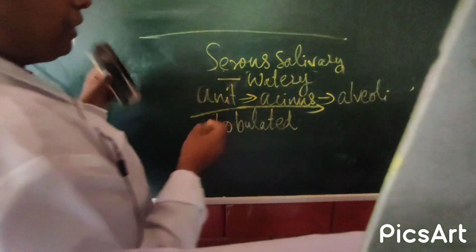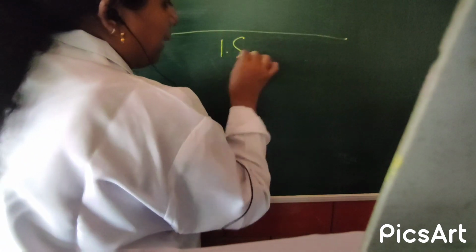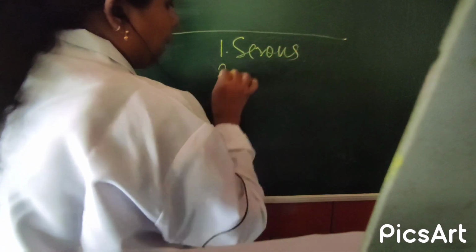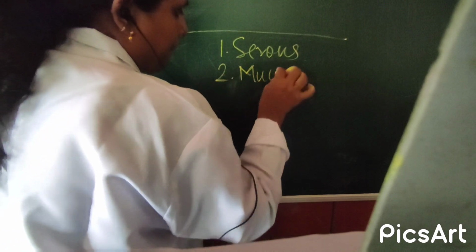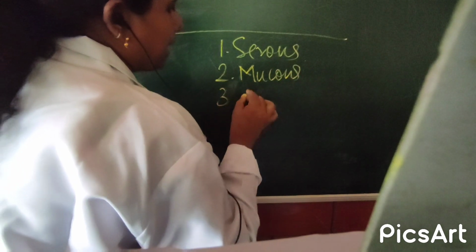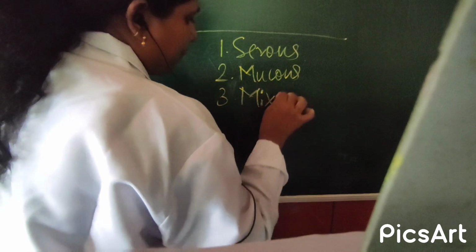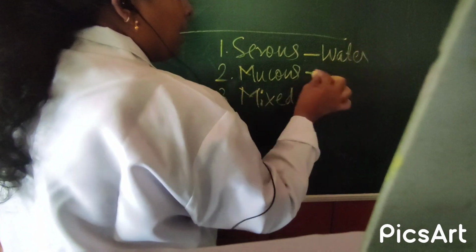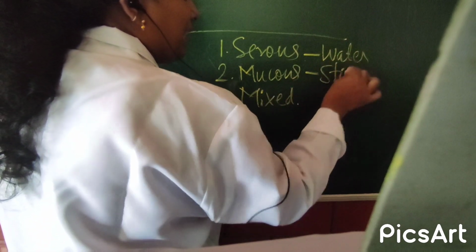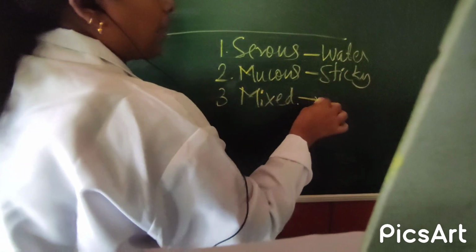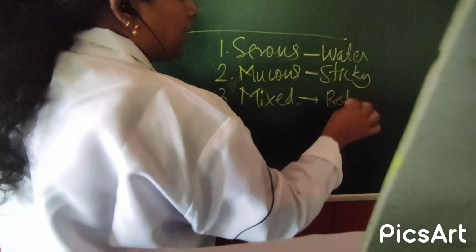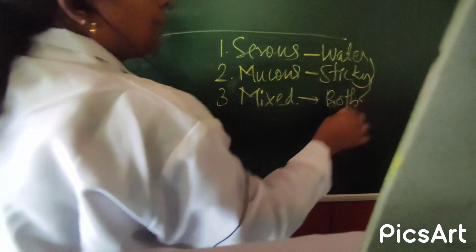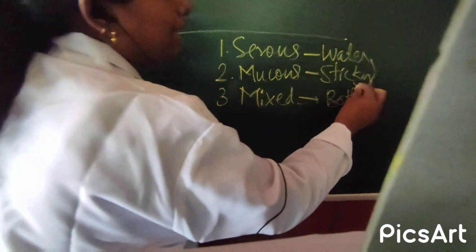There are three types of glands depending upon the secretory type. The first is serous, the second is mucous, and the third is the mixed type of gland. Serous means it produces watery secretion, mucous means it produces sticky secretion, and mixed produces both serous and sticky secretion.